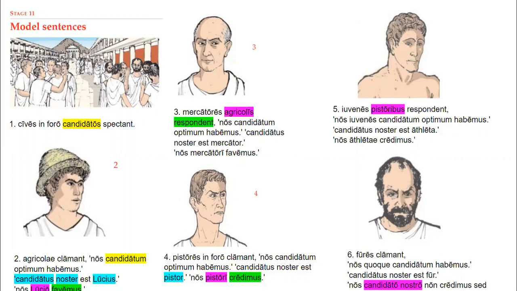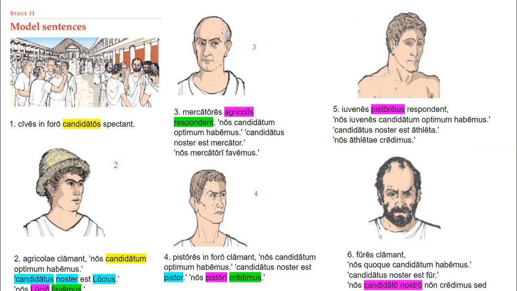So let's jump into the first sentence, which is an ordinary sentence that we can easily translate with a transitive verb, and it is cives in foro candidatos spectat. So cives is a third declension noun. It's a nominative plural, and it comes from civis. It means citizens.